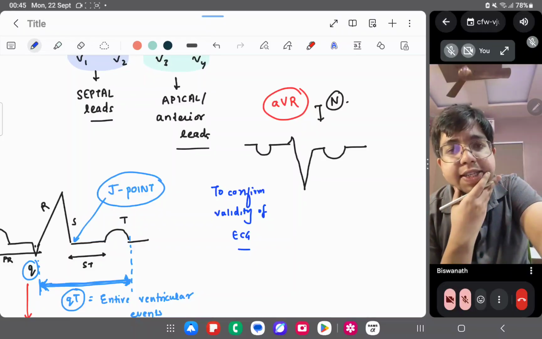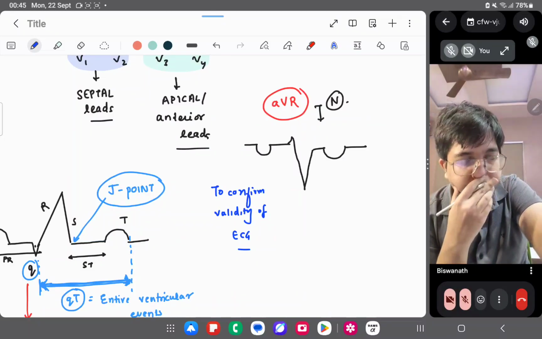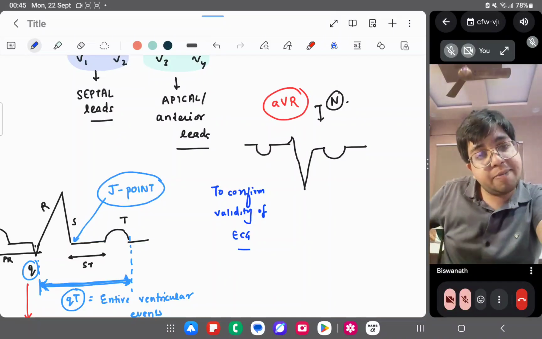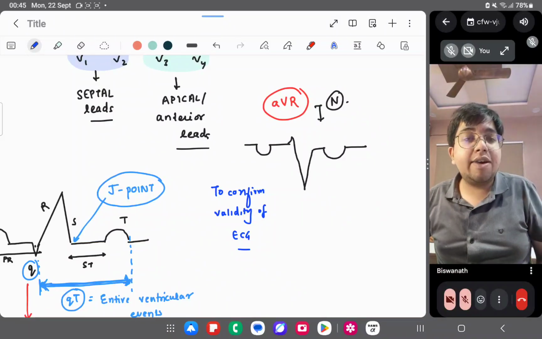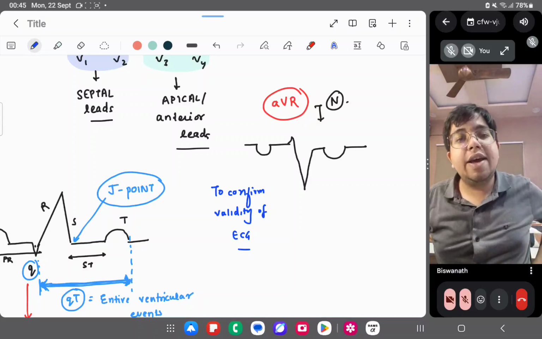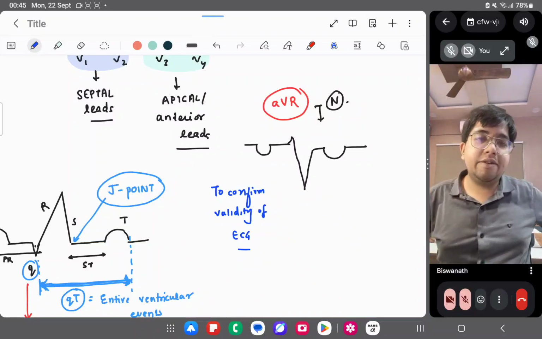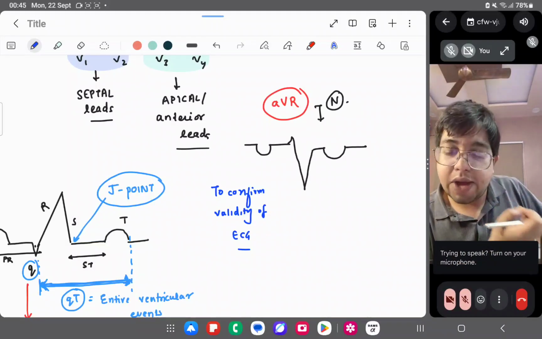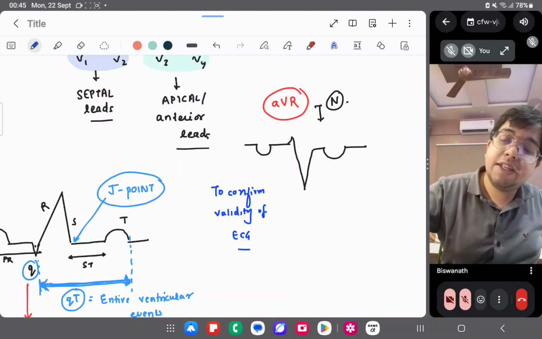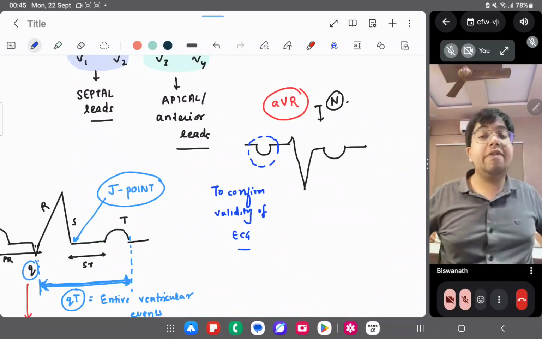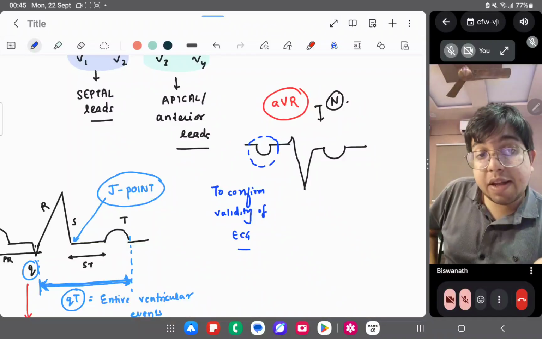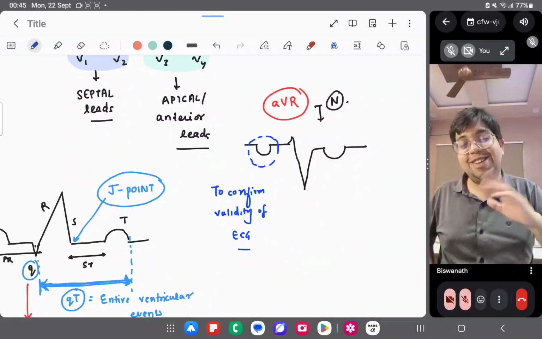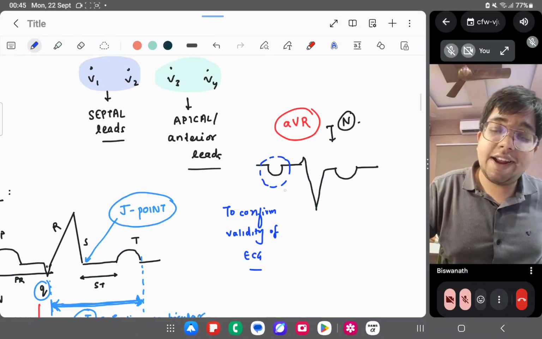Whenever a person is undergoing ECG, the person may shake the hand, the ECG lead may be wrongly placed, the technician may be incapable. Many possibilities are there. This is India. So to confirm whether an ECG is correct or not, we check for an inverted P wave. This inverted P wave confirms the validity that the ECG machine is correct.